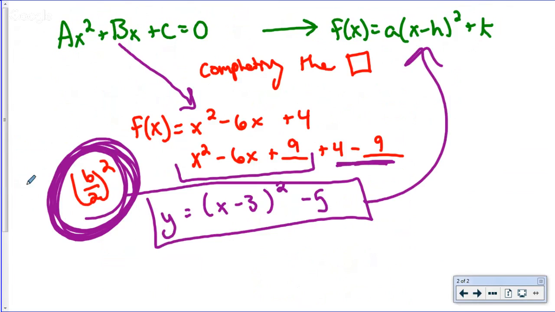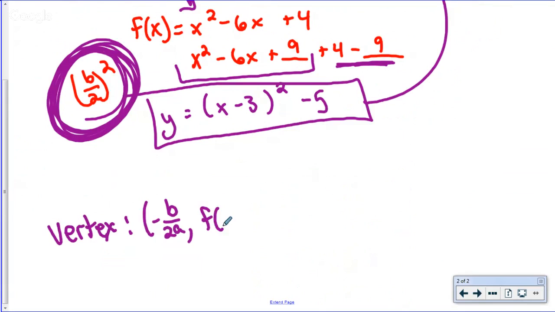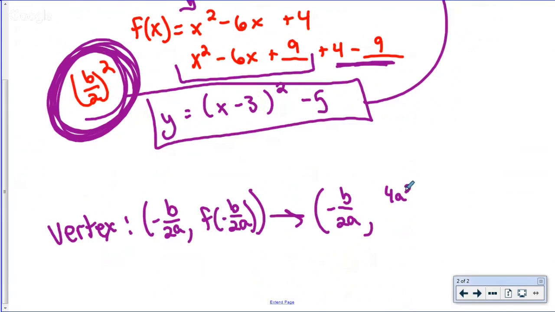Going back to the parabola, or back to the vertex, we talked about how you could find it doing this. And that actually reduces, if I were to plug this into the quadratic formula or the general equation, you would get this: 4ac minus b squared over 4a.